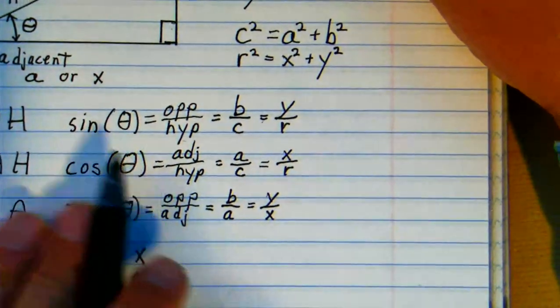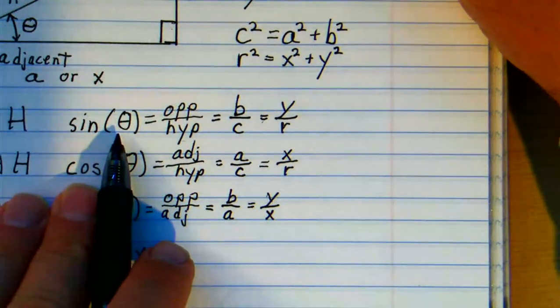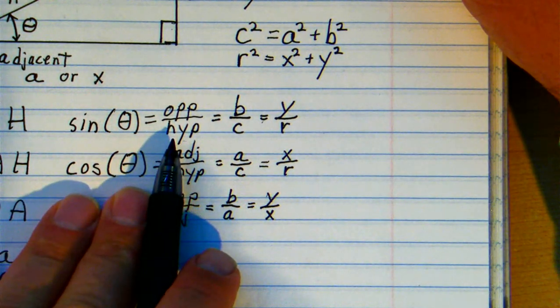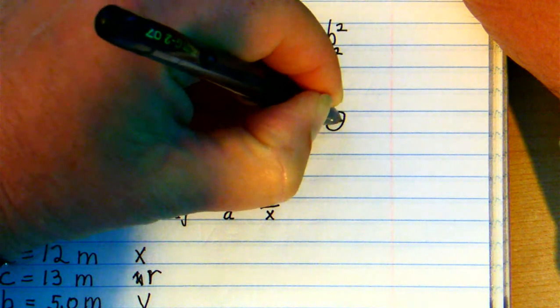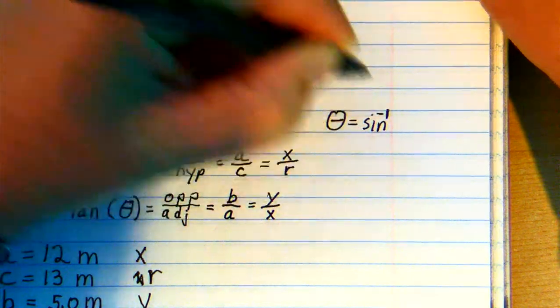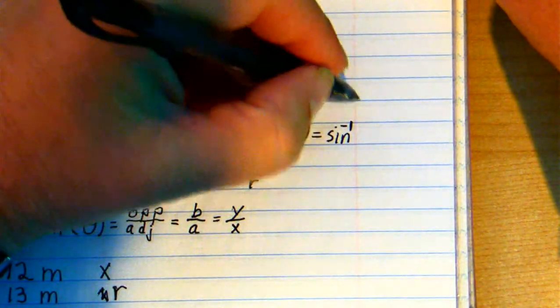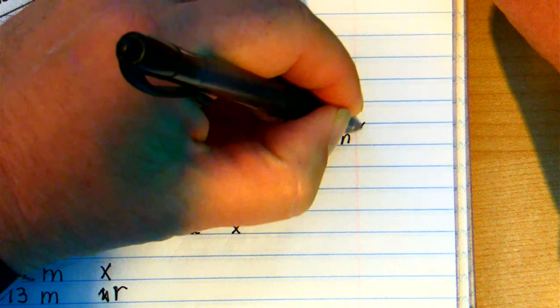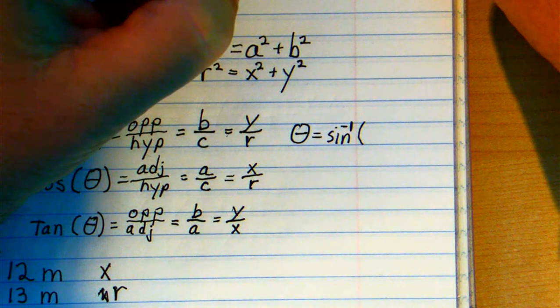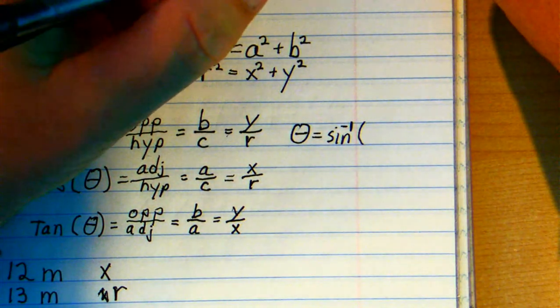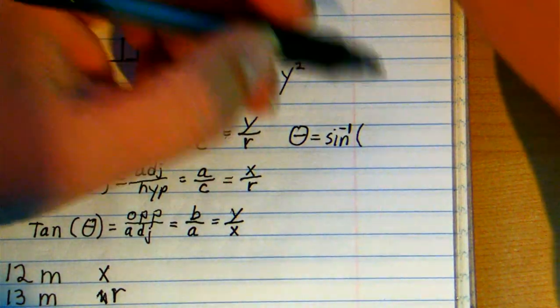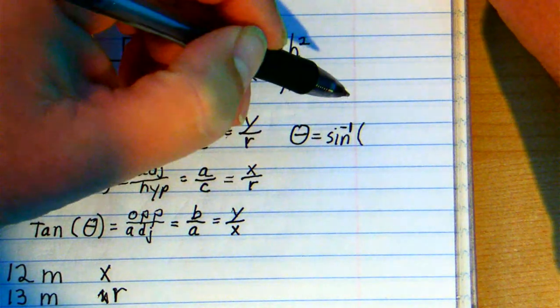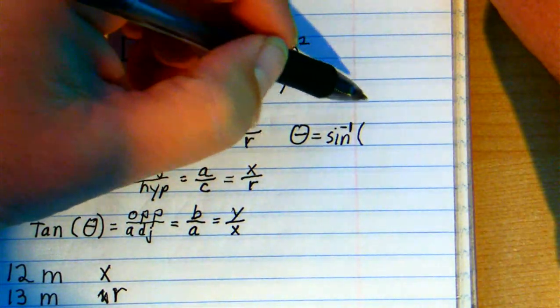If I start off by saying the sine of the angle is opposite over hypotenuse, then the reference angle is the inverse sine of opposite over hypotenuse. Yikes. Joseph, how do you want me to notate that? Do you want me to write op over hype, or do you want me to write b over c, or y over x?